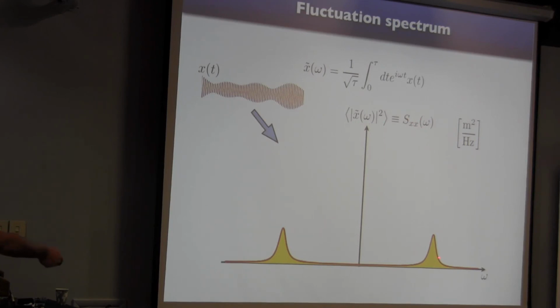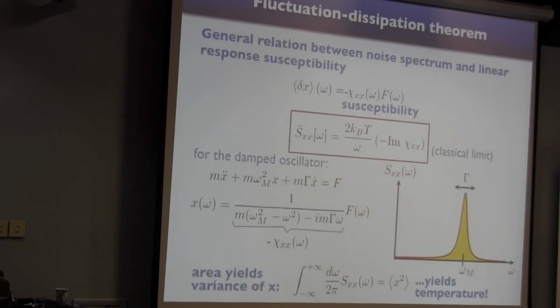Okay, two Lorentzians, one at plus the mechanical frequency, one at minus the mechanical frequency. And if we're in thermal equilibrium, those spectral densities are just given by the fluctuation dissipation theorem. Okay, so what does that mean? So this position noise spectral density, again in the classical limit, is proportional to the temperature of the oscillator and to the imaginary part of this force susceptibility that we talked about.